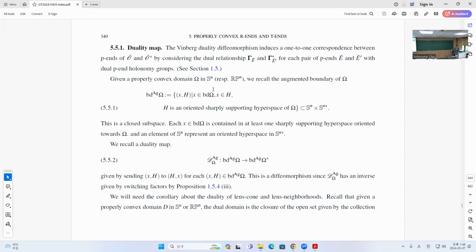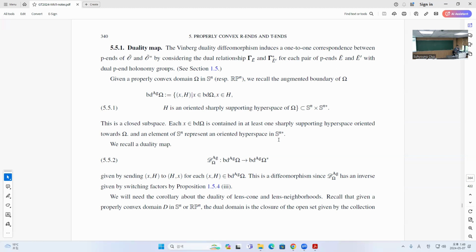So we recall this augmented boundary, where you take a boundary point, but you also consider the sharply supporting hyperplane containing h of the omega. So this is a cross surface, subspace, and these are all oriented things.